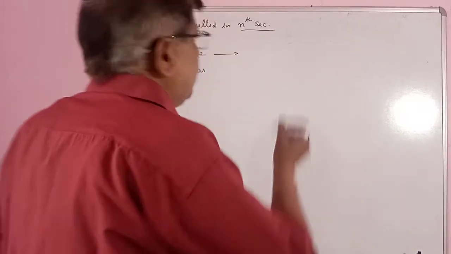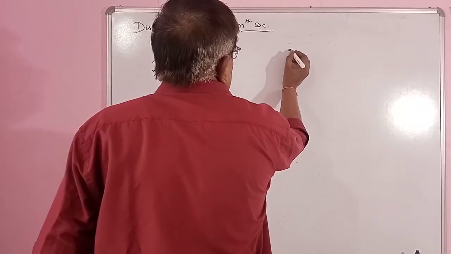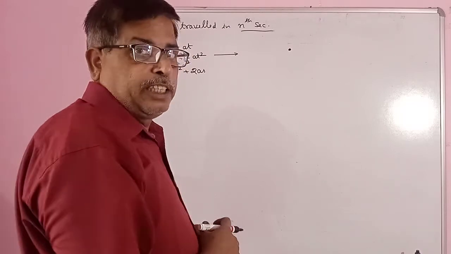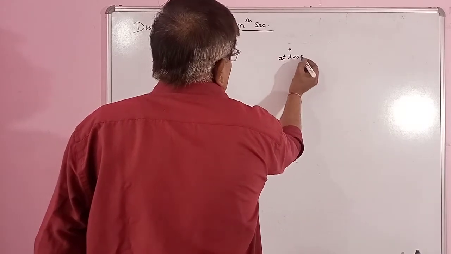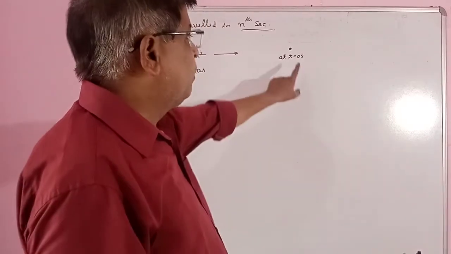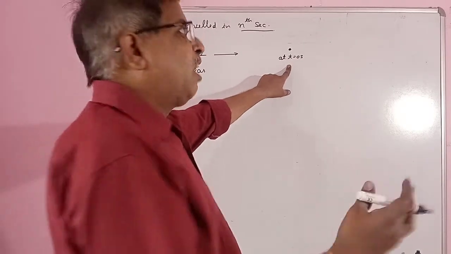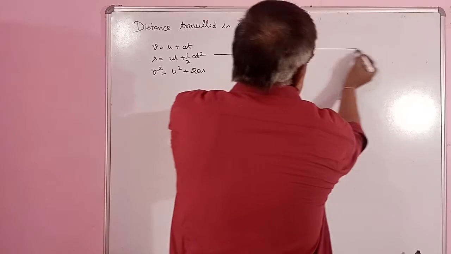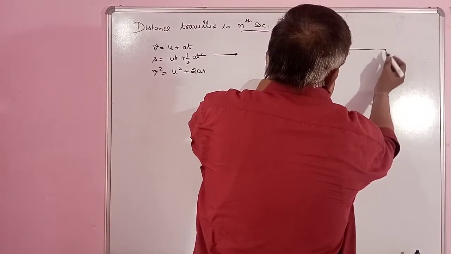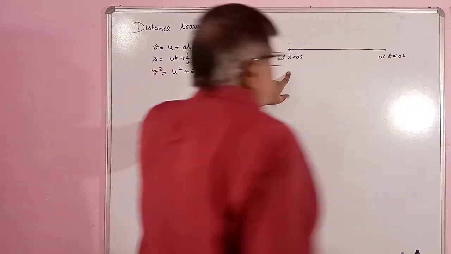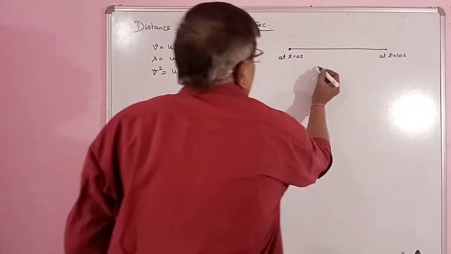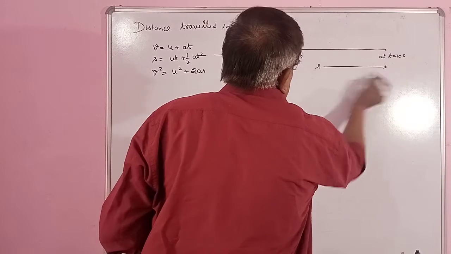For example, a car, a particle started from here at t equal to 0 second. And in 10 seconds, means at t equal to 10 seconds, it traveled this distance s.